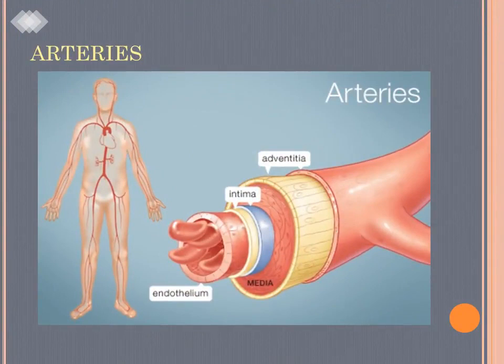Arteries are vessels that carry blood away from the heart and toward other tissues and organs in the body. An artery has an adventitia, an intima, and an endothelium.